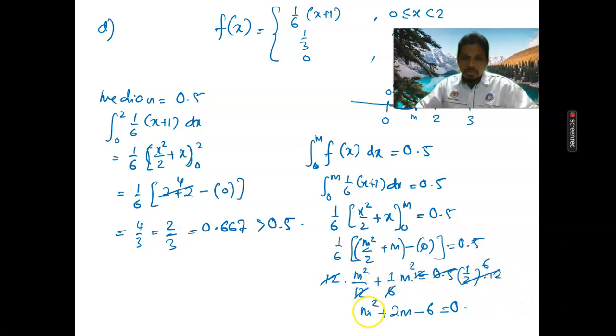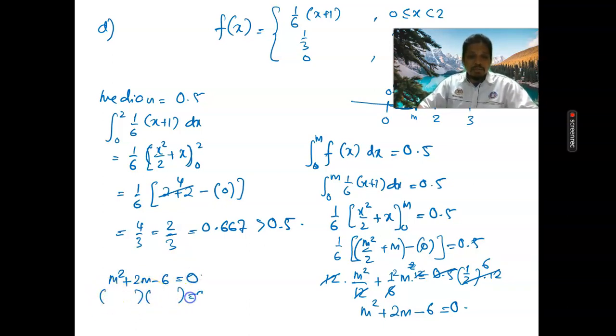So m squared, then 12 divided by 6 equal to 2, so 2m, and 6, bring it to the other side, becomes negative 6. So we get the quadratic m squared plus 2m minus 6 equal to 0.